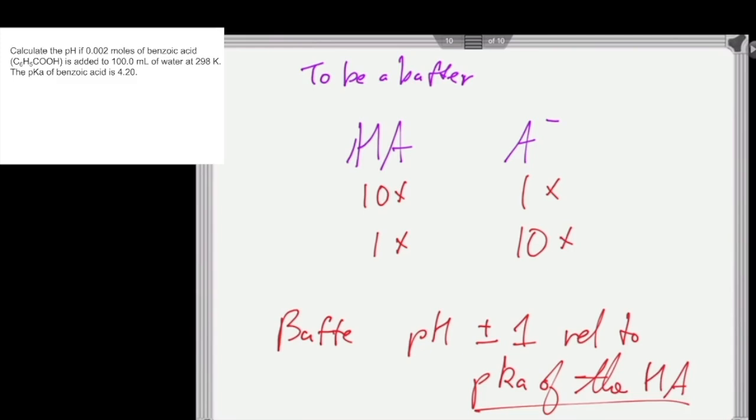The pH of the solution is 2.95. We are outside the buffering range when we look at the pH being plus or minus 1. So for this acid, whose pKa is 4.2, our buffering region could be as low as 3.2 and as high as 5.2. We are at 2.95. We are outside of that range. That's one way to check it.